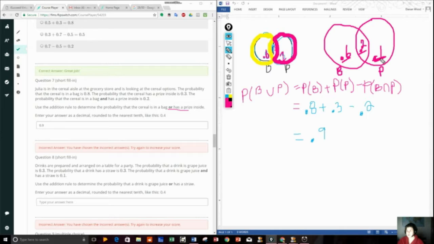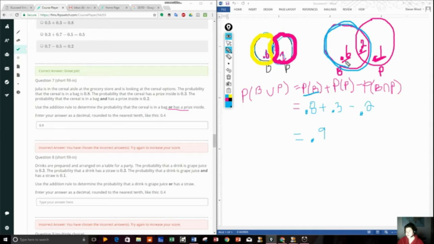So that would be 0.9. So again, visually, it's just counting each section individually. The reason why they write it out and we subtract this intersection is because they count it twice when they include the probability of the bag, because it's talking about that whole circle.